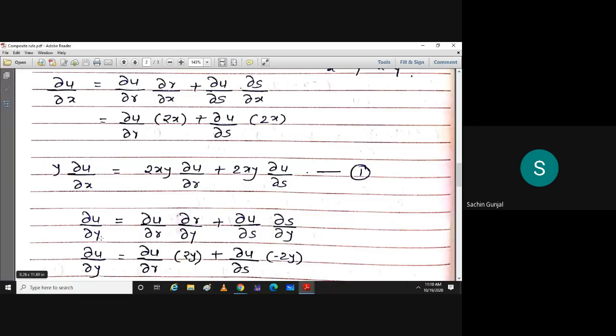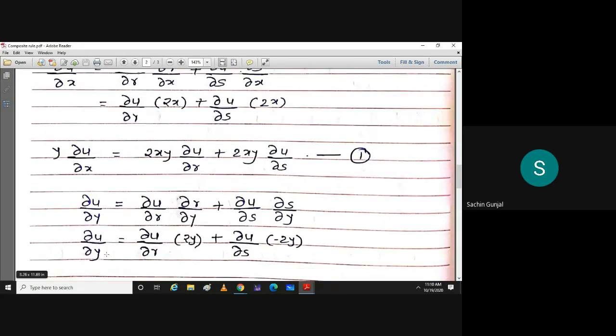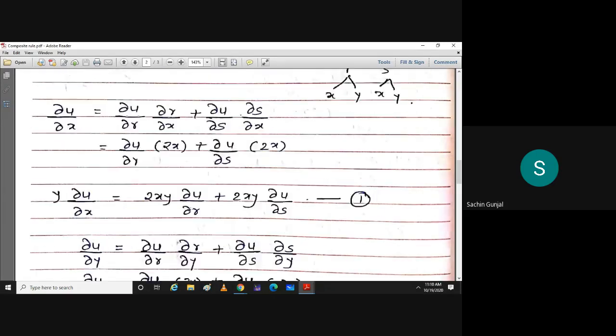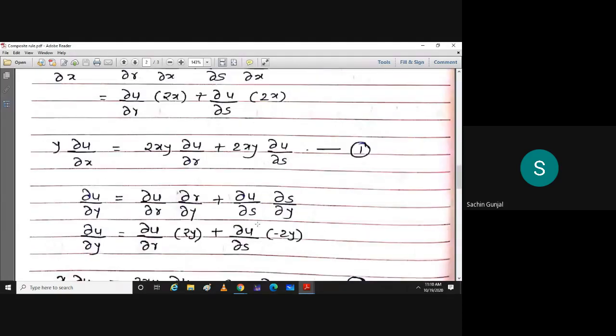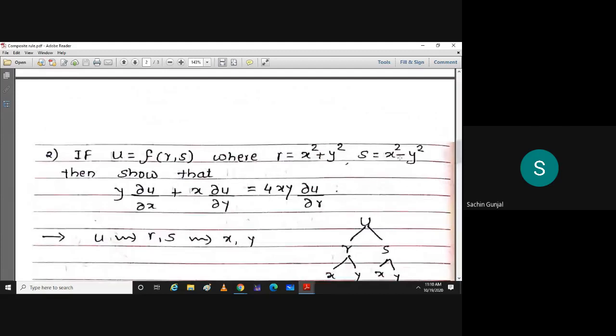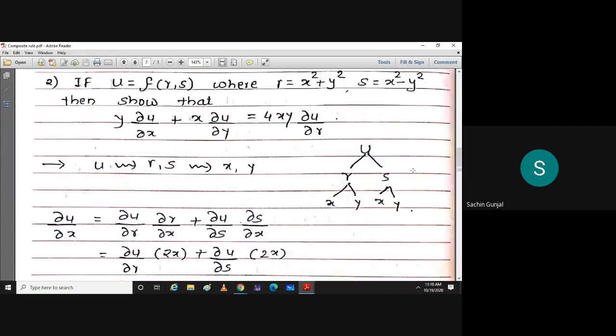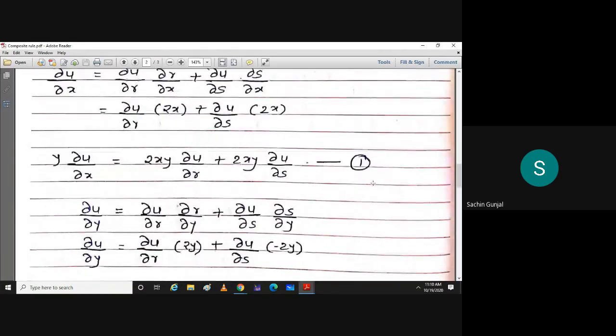You can check that whenever there is y, there is no role of x in the partial derivative. So ∂u/∂r as it is, r with respect to y: its derivative with respect to y is 2y. Then plus ∂u/∂s as it is, ∂s/∂y. s is x squared minus y squared, its derivative with respect to y is minus 2y.